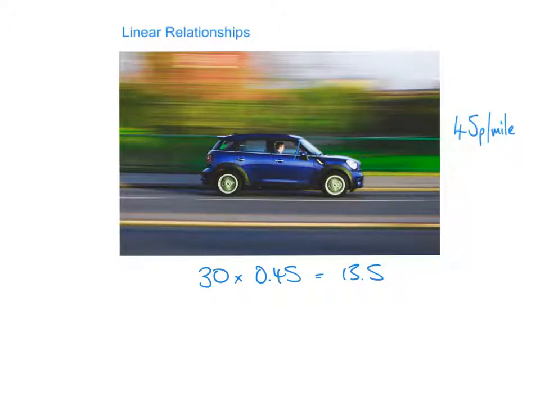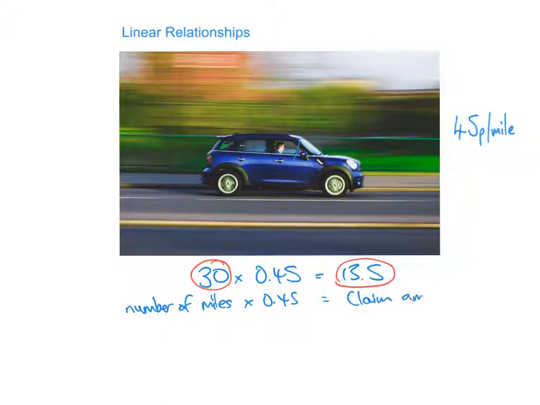So what we have here is 30 miles, standard cost per mile, and here's the cost. So you can write that in words. That's the number of miles, pence per mile, and the claim amount.